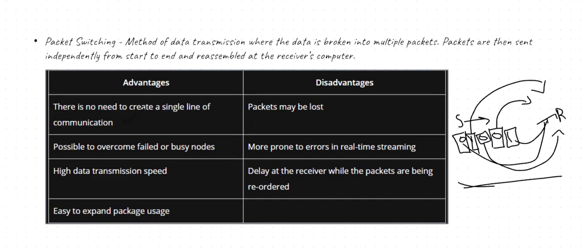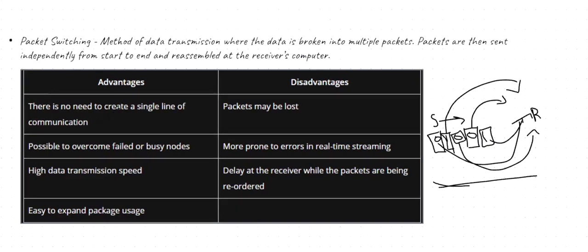that it is possible to overcome failed or busy nodes. For example, the concept of nodes. Say I'm sending this data. Every data has its node. A node is like a location. So if this data is trying to access this node, and it's busy, it can take another route and find another node.